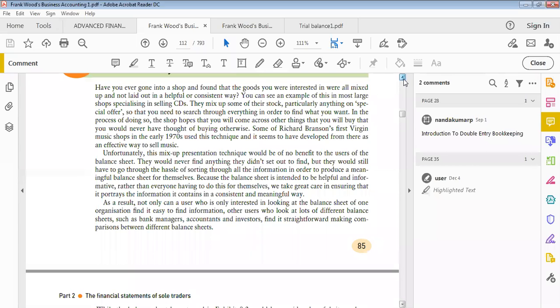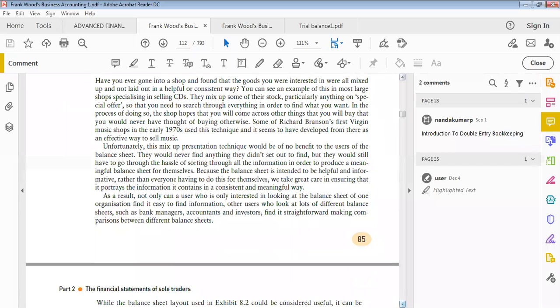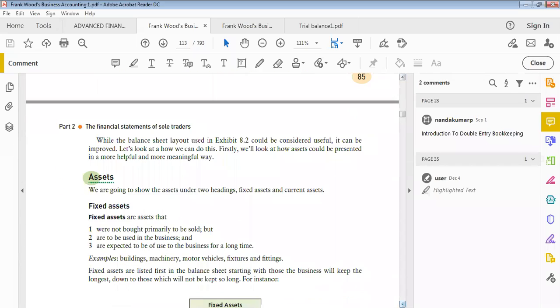We look at the balance sheet layout now. The balance sheet you saw a while ago, right?